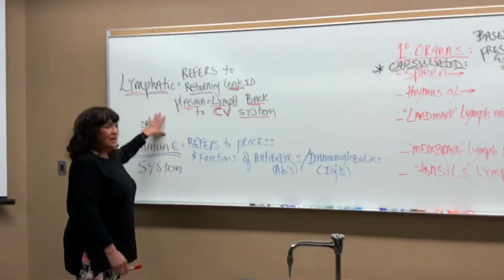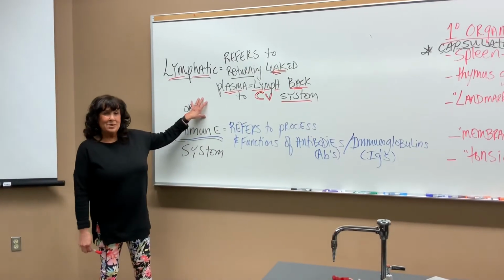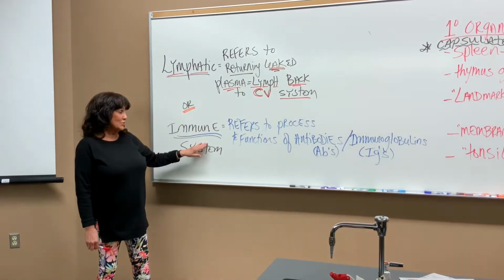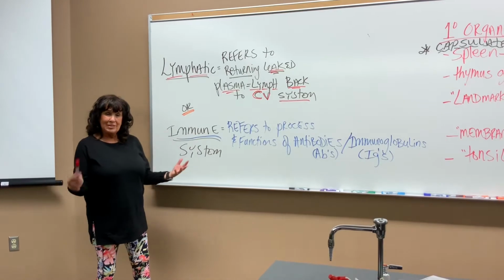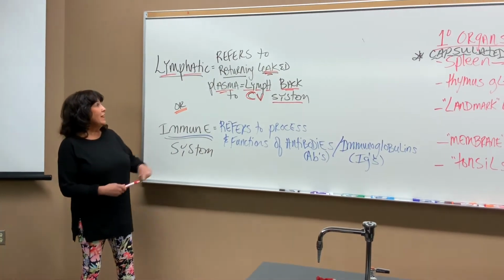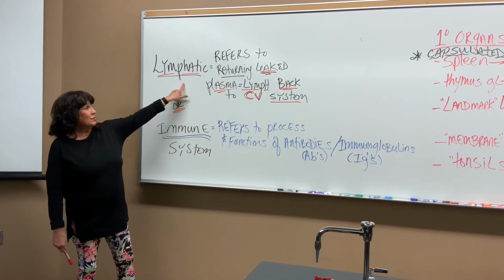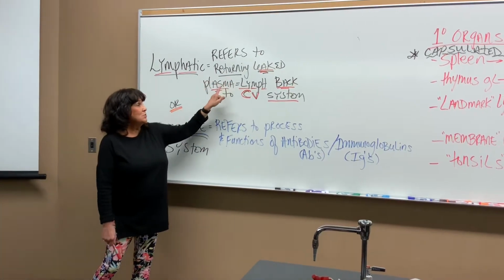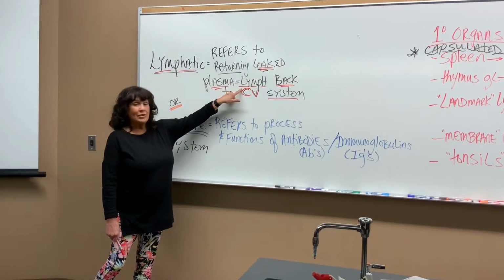First of all, the lymphatic system is sometimes called the immune system, all right? Sometimes it's broken down into 2 separate systems based on what it does, all right? And so lymphatic refers to returning leaked plasma, which is called lymph, okay?